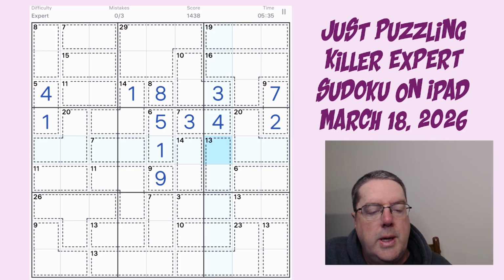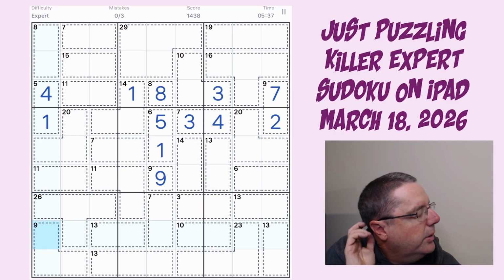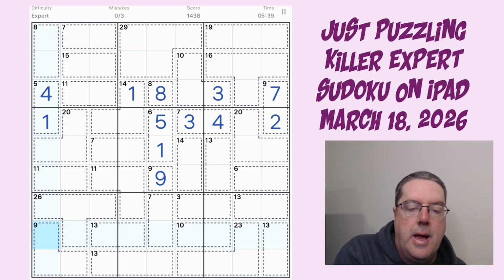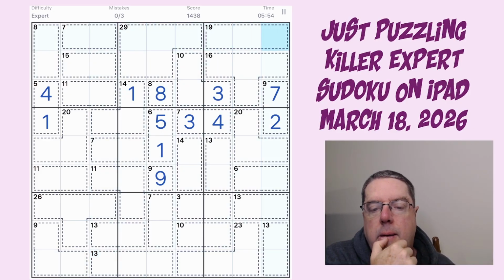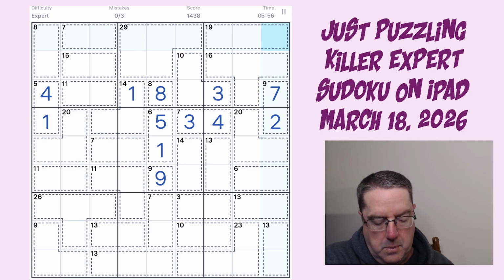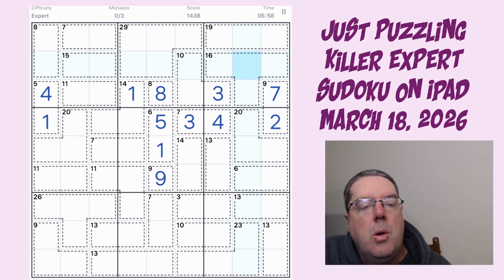So 26 plus 9 is 35, so that's 10 there. 8 and 7, so 7's at the top there, 8's there, 8's there. 1 has to be in this row, which is right, because that's 1 and 7, so 7's here somewhere.